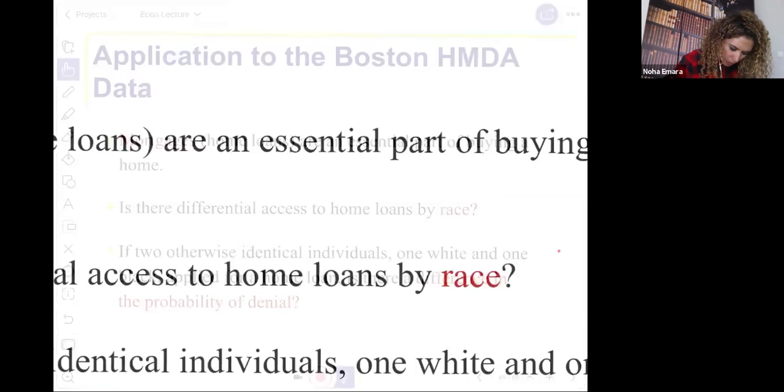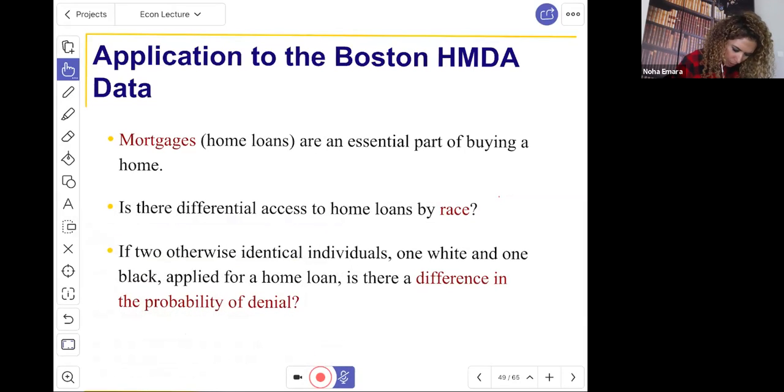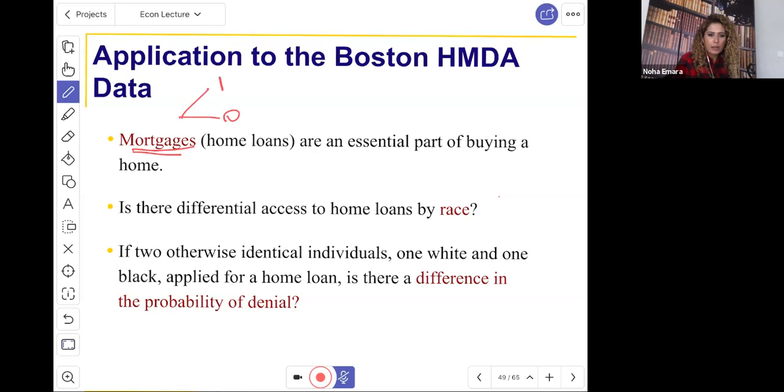Our topic is a binary dependent variable. As you might expect, with a mortgage application you have two options. You go to the bank and apply for a mortgage, and you are either accepted or denied. So it's one of two things that can happen.